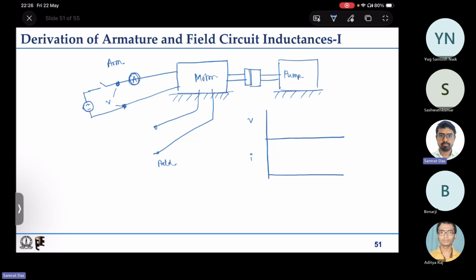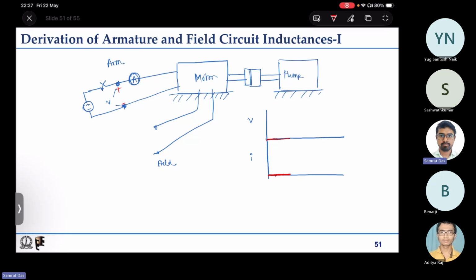Say we turn the switch. Initially the voltage here is 0. There is no voltage because there is no induced EMF, because the motor is not rotating and the field is not connected. So the voltage initially will read 0, and the current will also be 0.